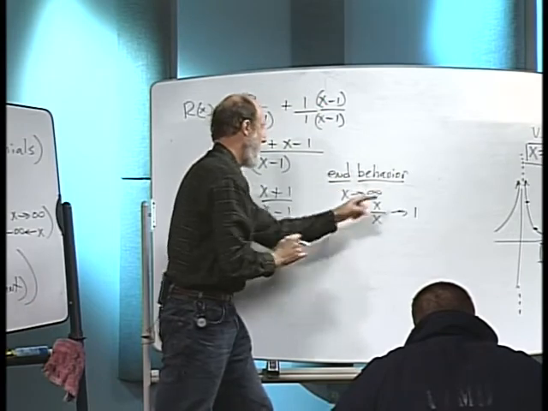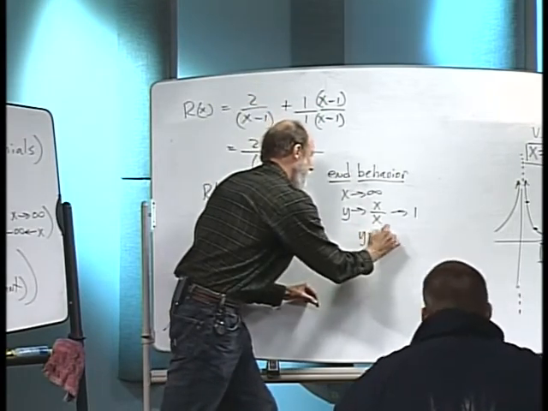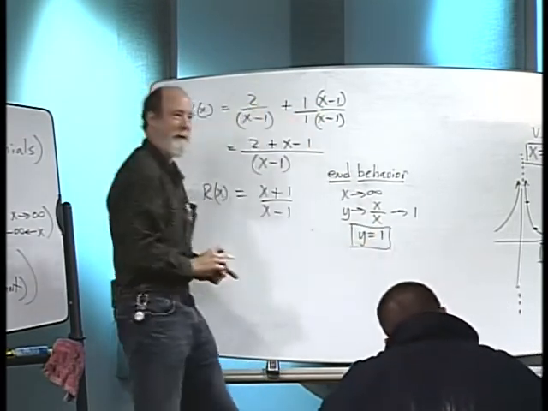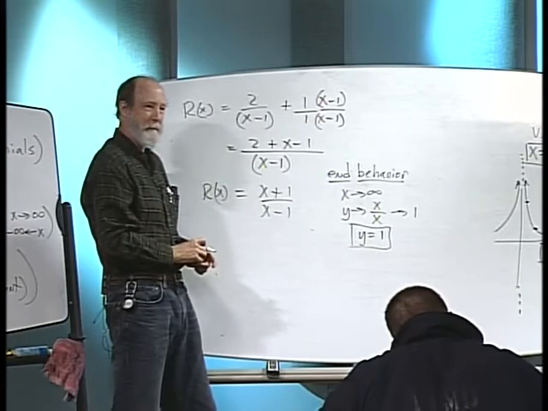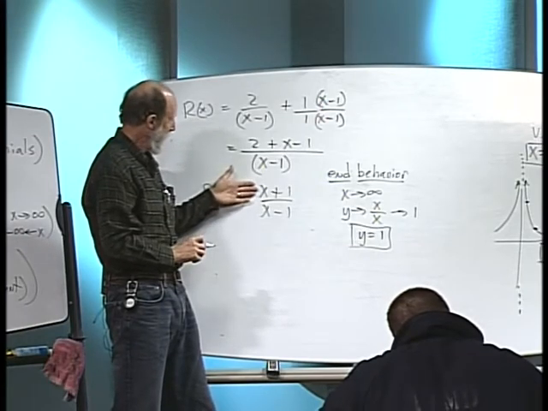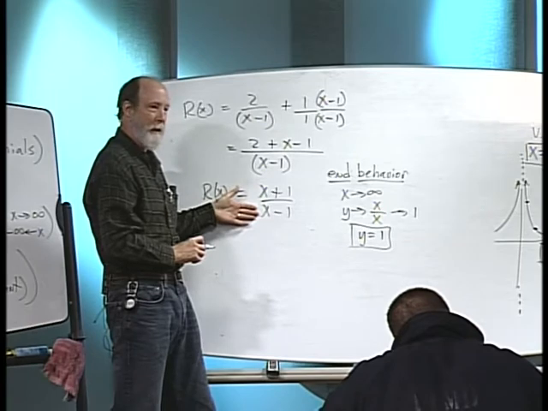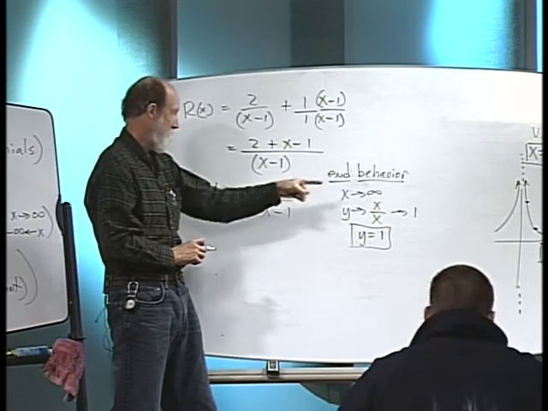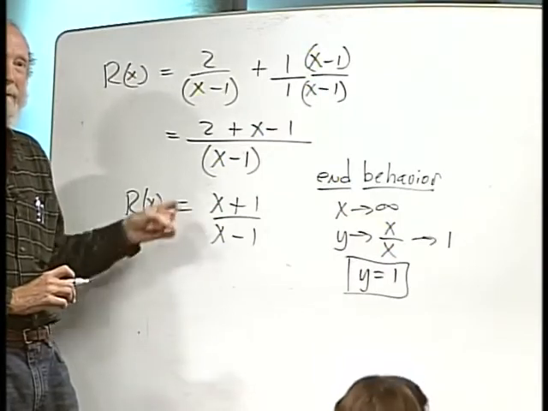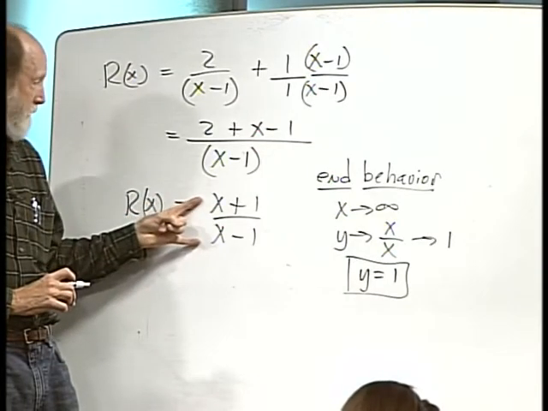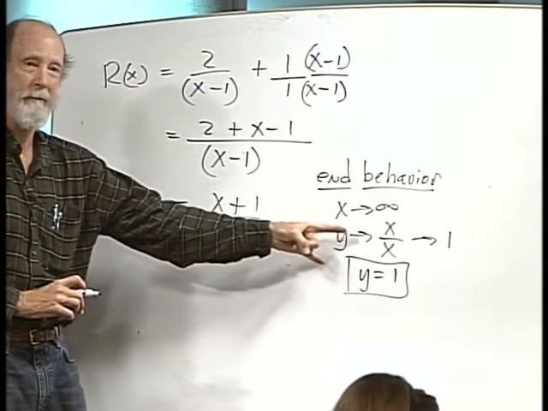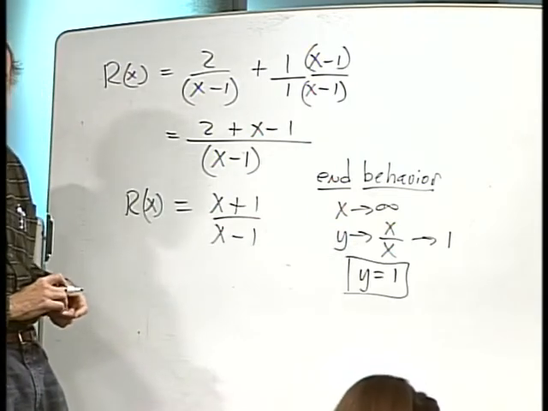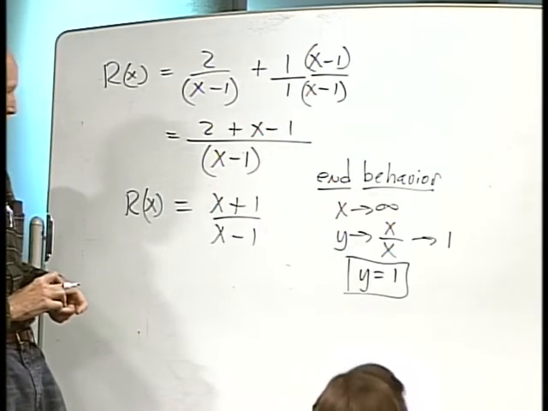So as you move further out, here's how you can see that horizontal asymptote. If the degree of the numerator is the same as the denominator, then all you have to examine are those leading terms, like I just showed you here. Examine the leading terms in the behavior. Feel good? Okay.